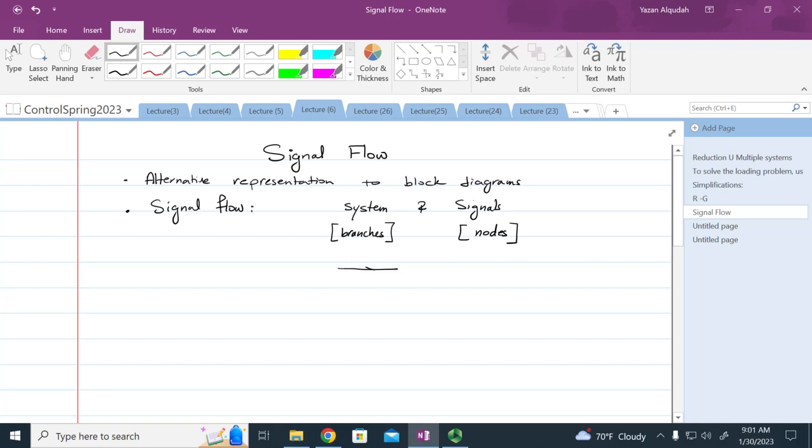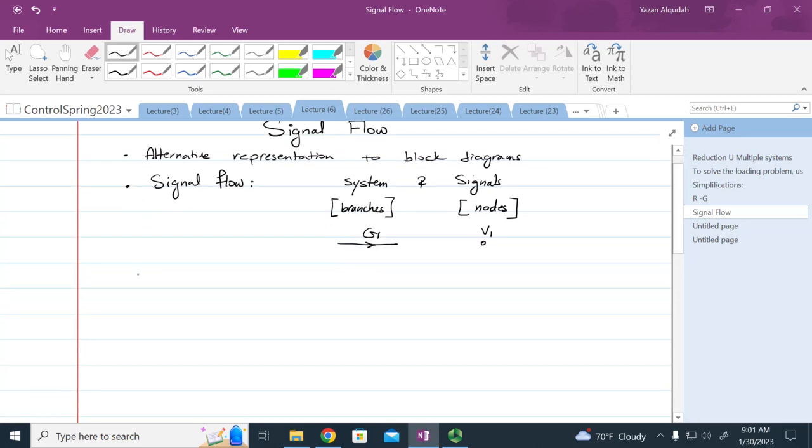So we can have a branch that looks like this. This is a system. And we can have a node that looks like this, which is a signal. Nodes and branches. Okay.